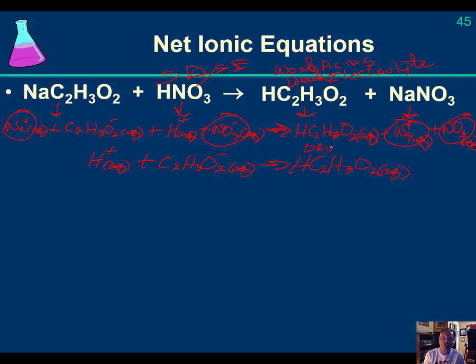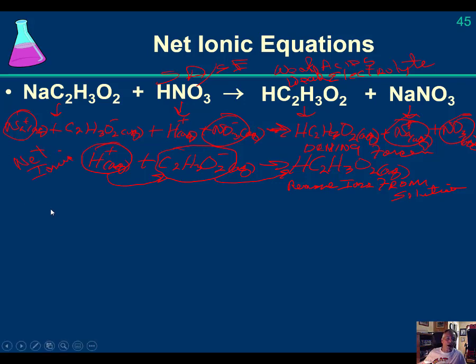We have to remember what driving forces do. Driving forces remove ions from solution. What two ions got removed from solution? H plus and acetate. They got removed from solution. They combined to form the driving force, acetic acid, our weak acid. Okay, and this is our net ionic equation.